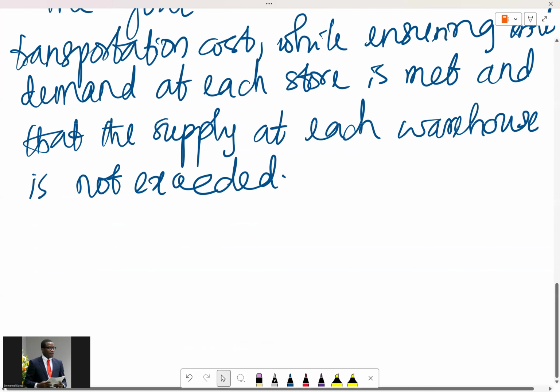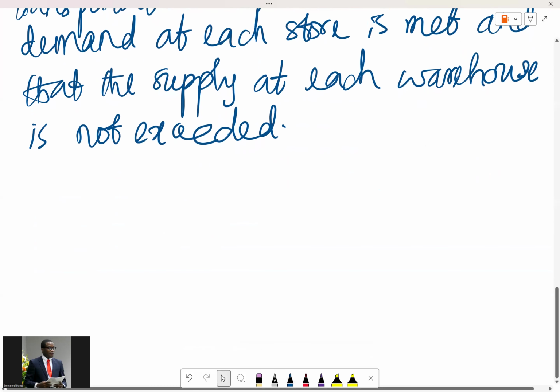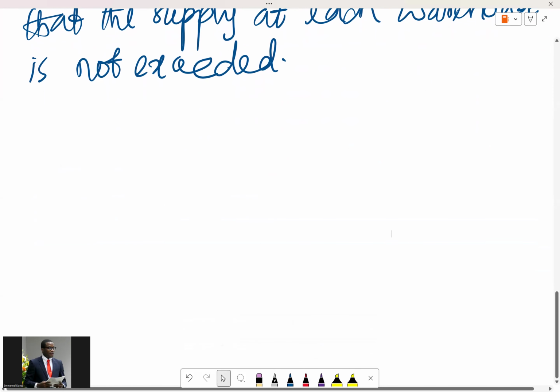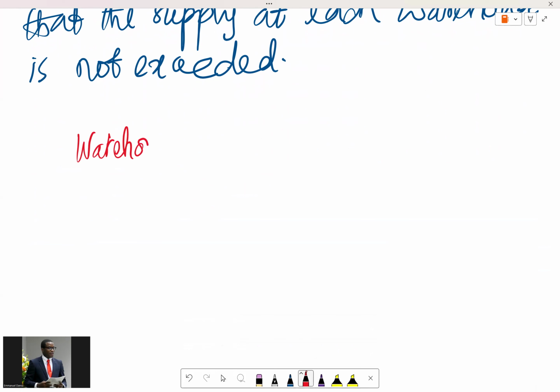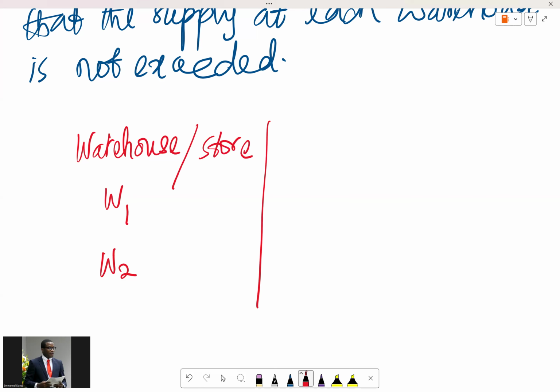Now, we can have a table to represent that reality. So imagine that we have warehouses W1, W2 down here, and we have the stores the other way. So let's say this is store one and store two and store three.